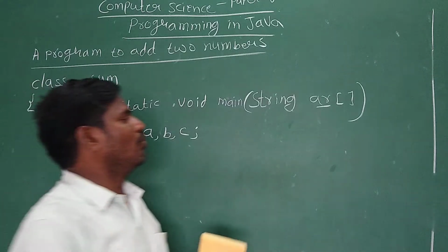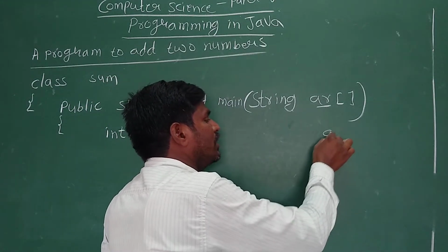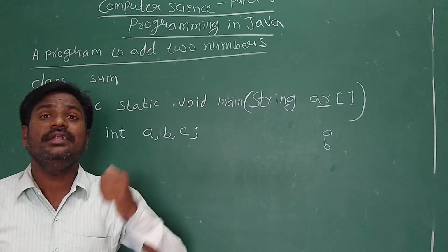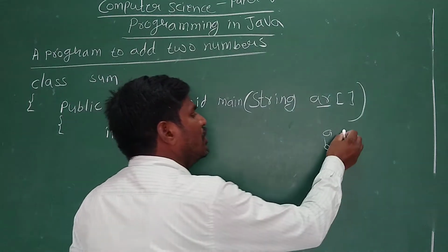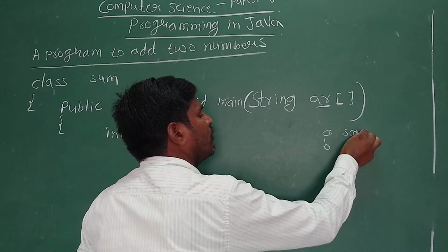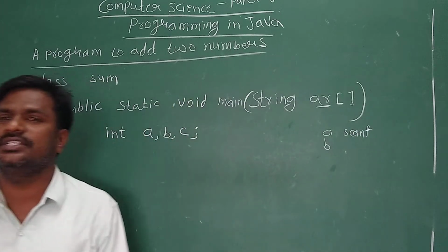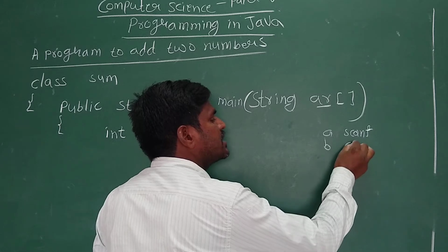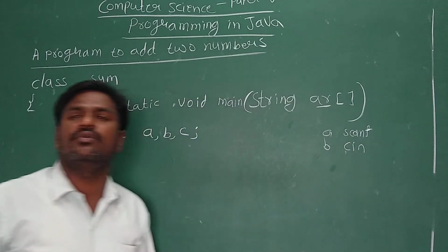Next, we have to know what the A value is and what the B value is, and how to read the values. In C language, we use the scanf function to read values. In C++, there is the cin function to read values.